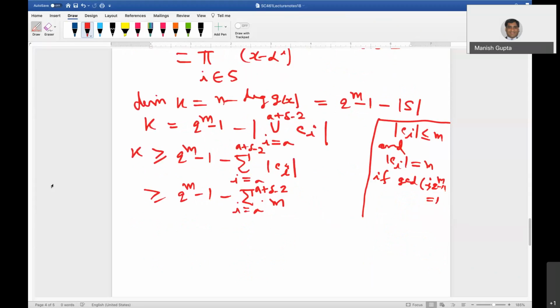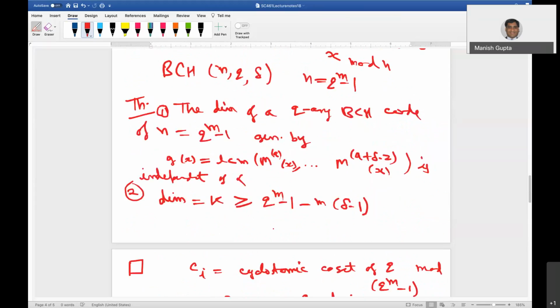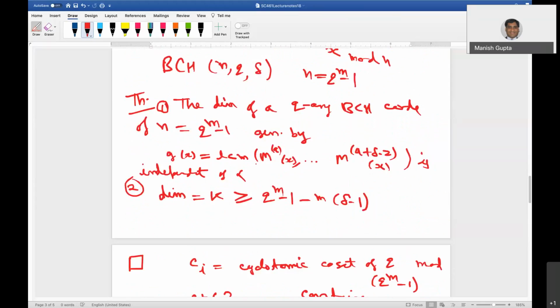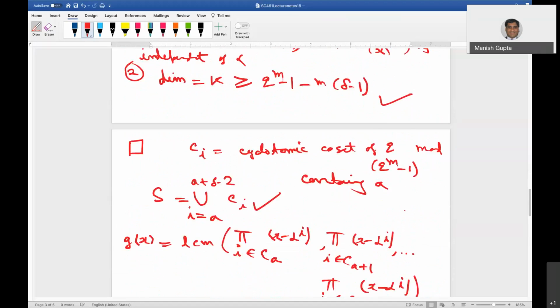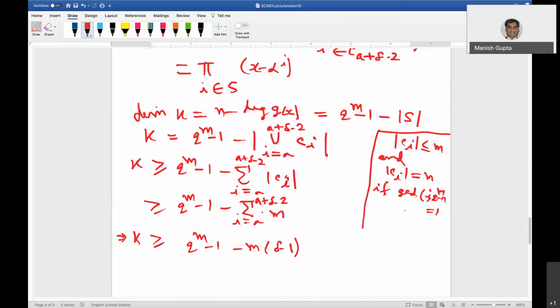So k is at least q raised to power m minus 1 minus m times delta minus 1. Okay, so that's how we get the dimension. This is the lower bound on the dimension of the cyclic code. Now before proceeding further, I would like to take at least one or two examples.